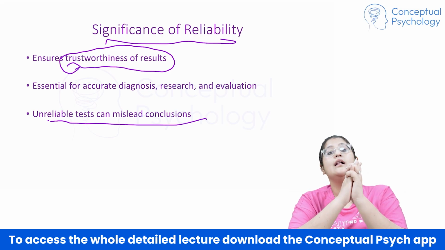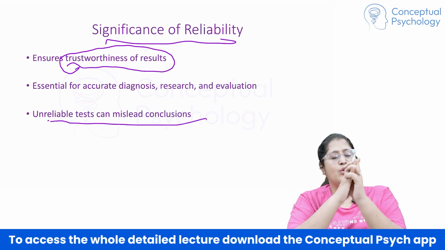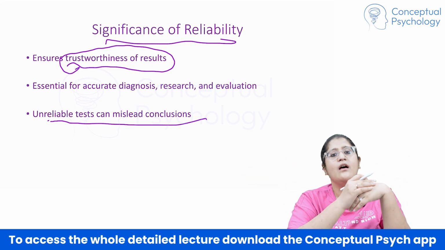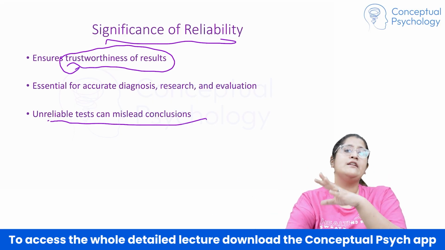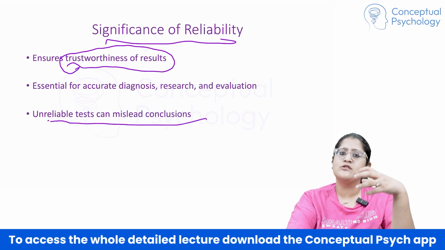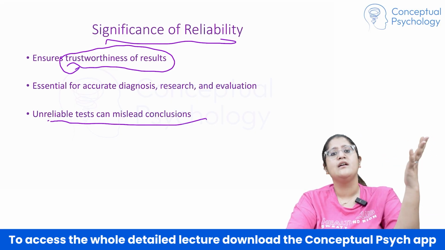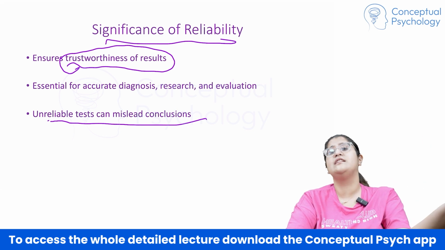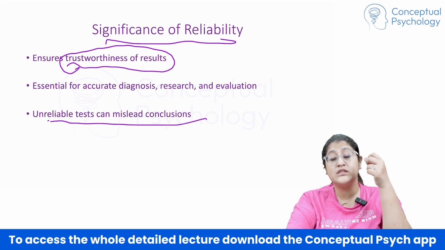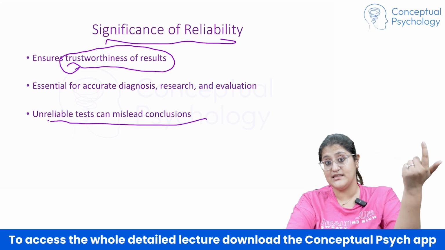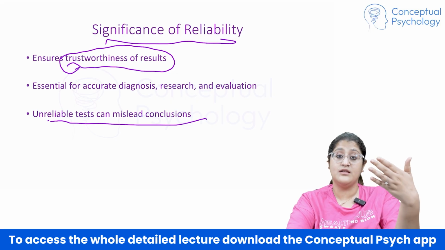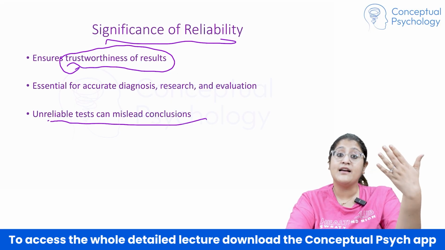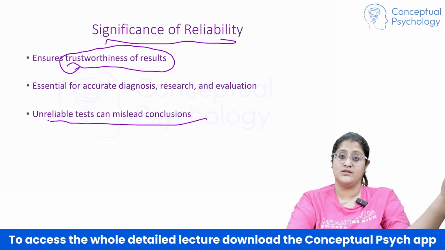For example, if you are giving someone a test of depression and anxiety and the test is unreliable, what would happen? Say the test is giving you very inflated results. The scores are inflated, which shows that this person is severely depressed. Okay, see how dangerous it is, because you can start your treatment based on the results. The person may actually get the wrong treatment, right?